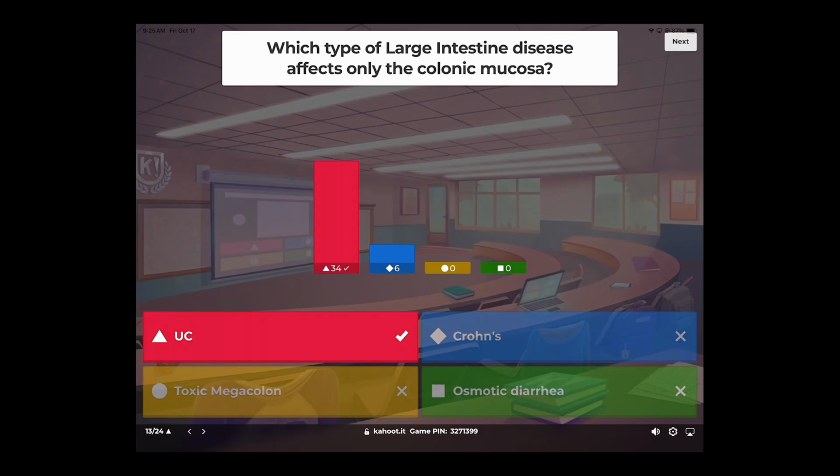Okay, remember, ulcerative colitis is just the mucosal layer. Crohn's disease is what? Full thickness. All the layers are affected in Crohn's disease. Ulcerative colitis is just the mucosal layer.